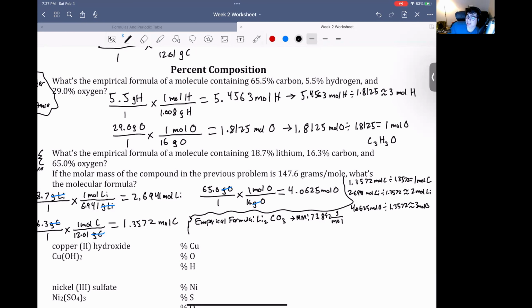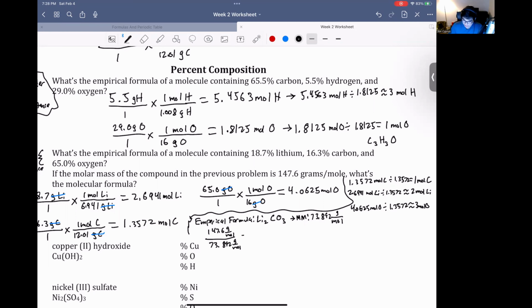Now, it tells us that the molecular formula is 147, right? So what we want to do is this. We're going to do the molecular formula molar mass divided by the empirical formula molar mass. So 147.6 grams per mole over 73.892 grams per mole.